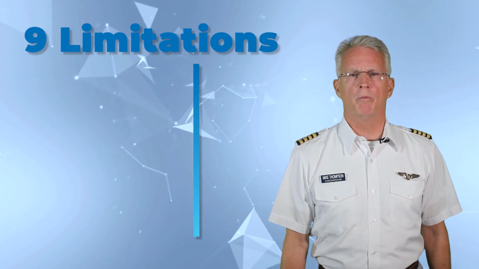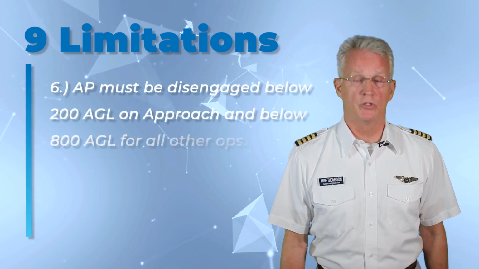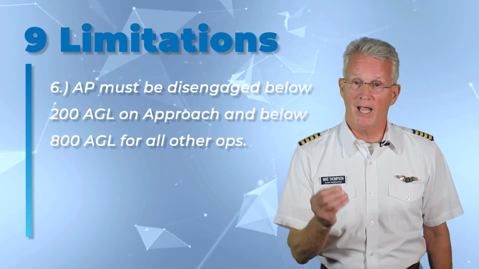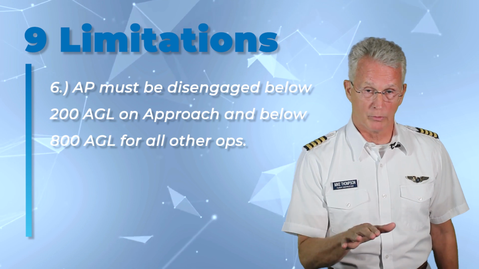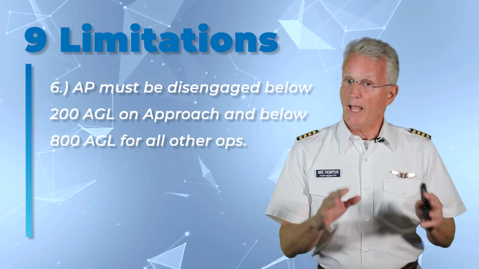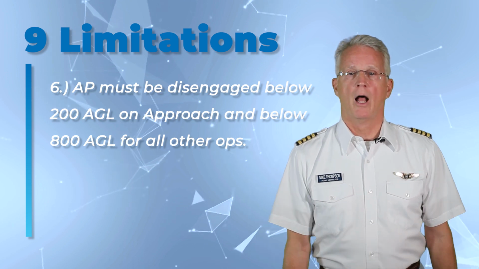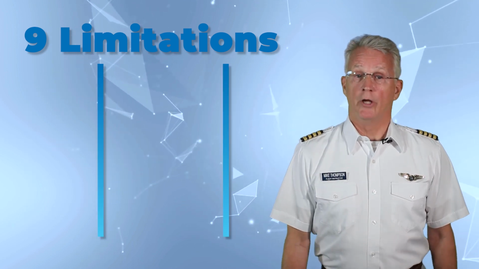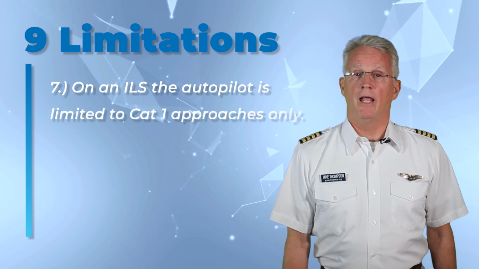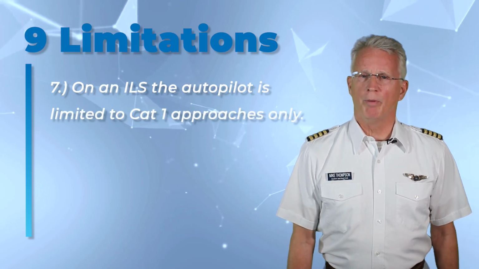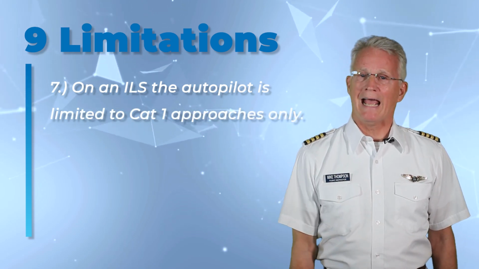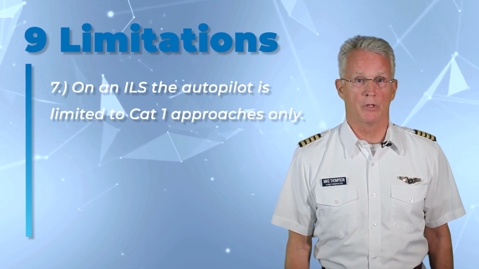Number 6, the autopilot must be disengaged below 200 feet AGL on approach and below 800 feet AGL for all other operations. Number 7, on an ILS, the autopilot is limited to Category 1 approaches only.